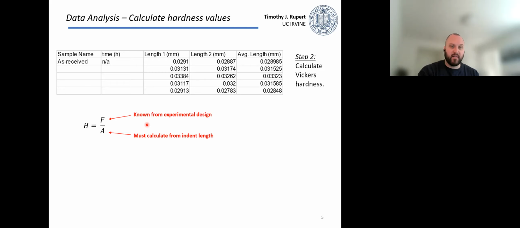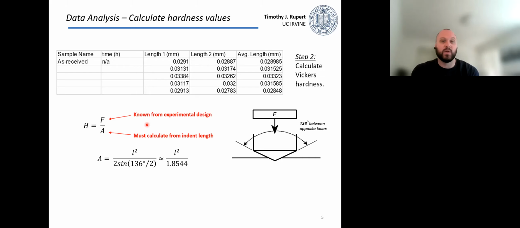Now, we have the information we need. The first thing we're going to use is this average length, but we're also going to use the fact that we know the geometry of that indenter. This Vickers indenter has a very specific shape. It has a pyramidal shape with four sides, and there's a 136-degree angle between the opposite faces.